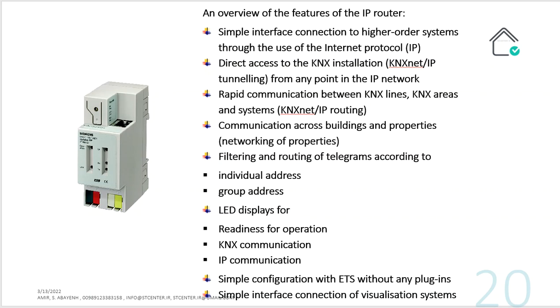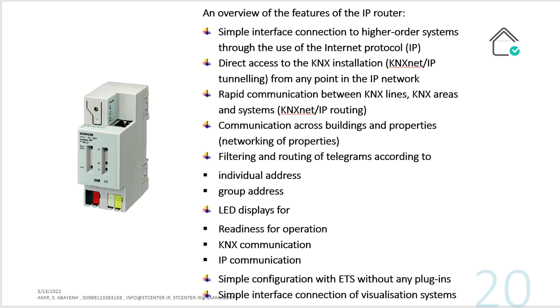IP router is not only like the line coupler or backbone coupler, but also provides us a high speed in the upper layer, on the primary side. This IP router is a simple interface connection to higher order systems through the use of Ethernet Internet Protocol, IP.